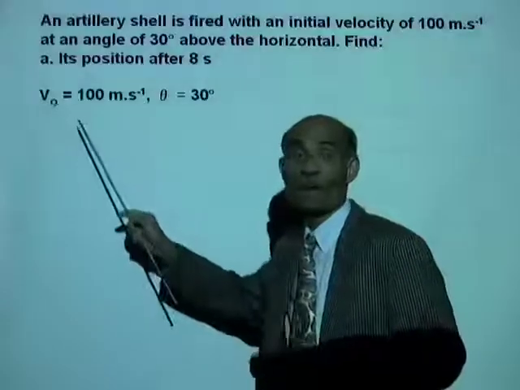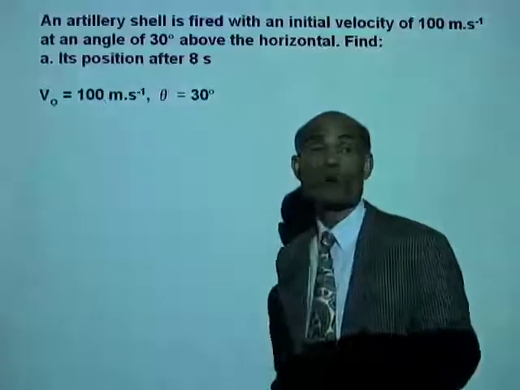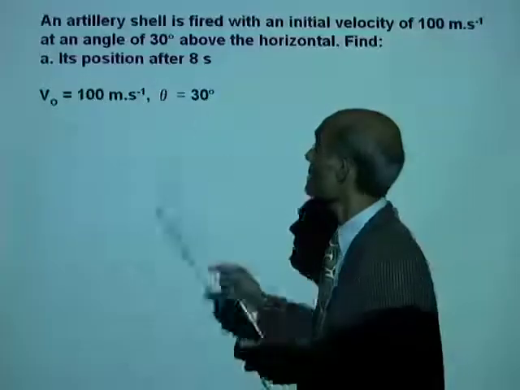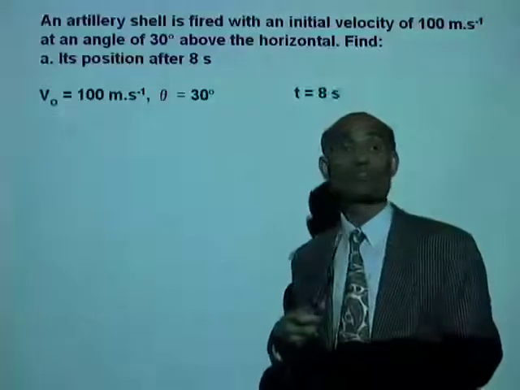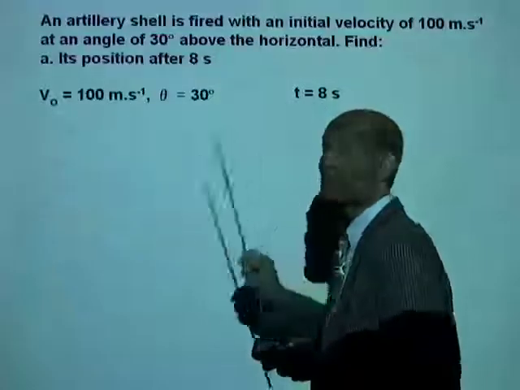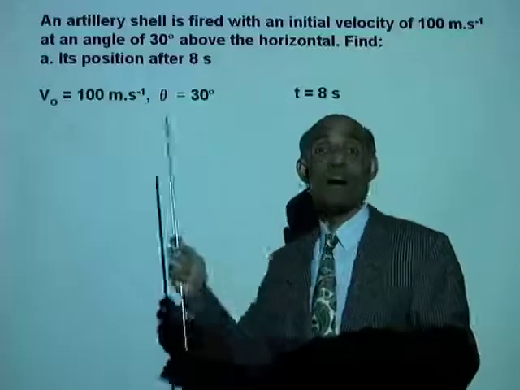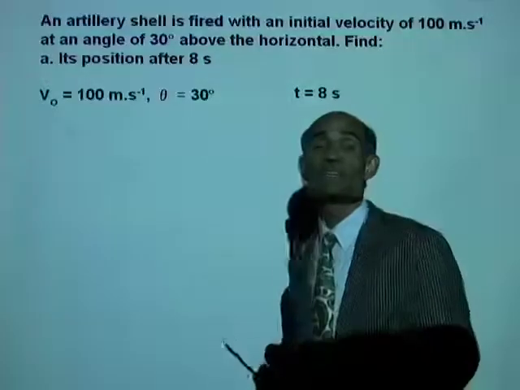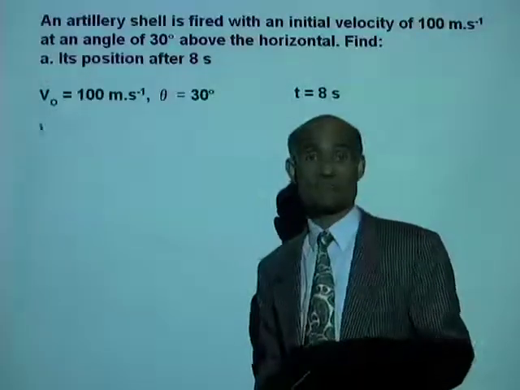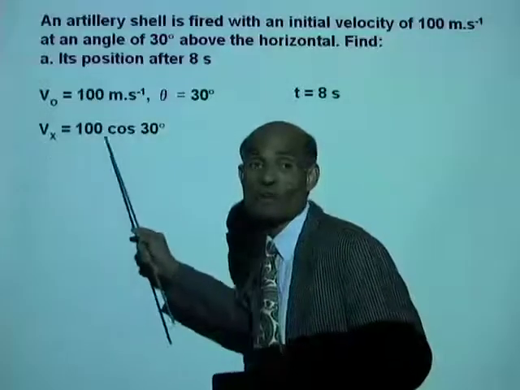First of all, pick our data. The velocity of projection is 100 meters per second and the angle of projection is 30 degrees. We need to find the x position and the y position after the time t equal to 8 seconds. Well, what is the x component of the velocity?